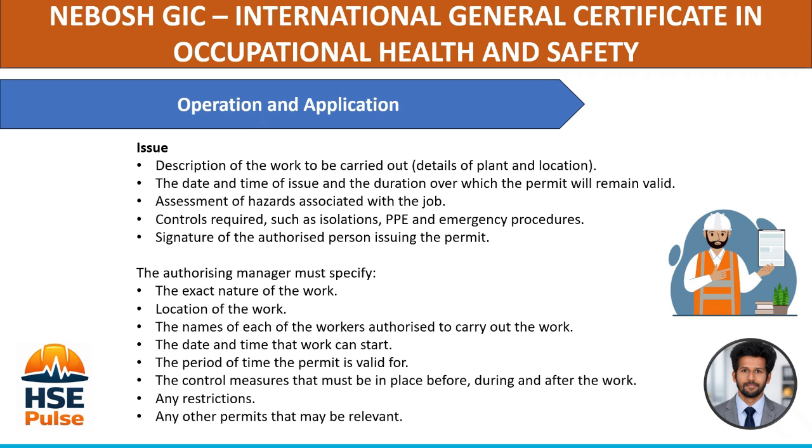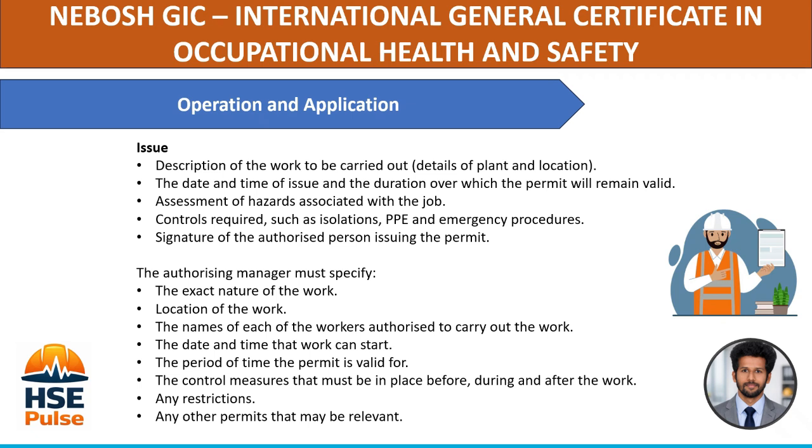Now, assessments of hazards associated with the job. Suppose the permit is taken for hot work, then what are the hazards, the risks involved, and the control measures? All these things will be mentioned clearly. The next point is controls required, such as isolations, personal protective equipment, and emergency procedures, and firefighting measures such as providing fire extinguishers.